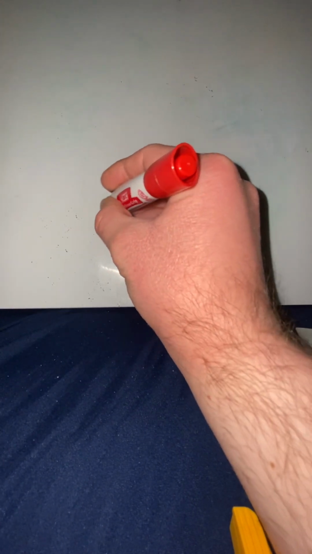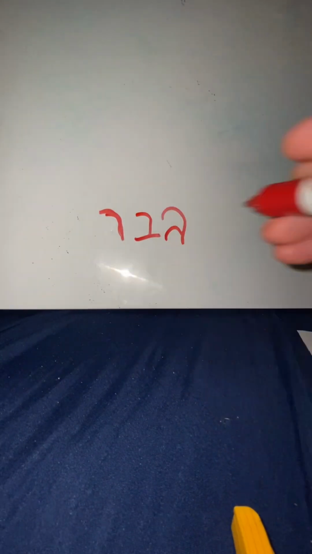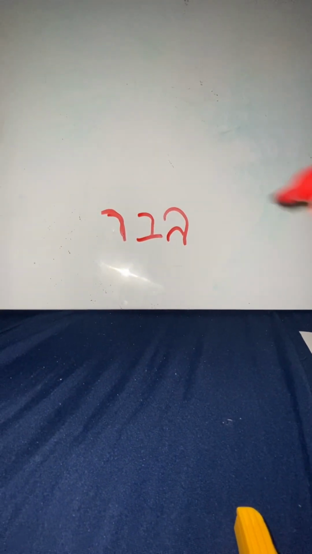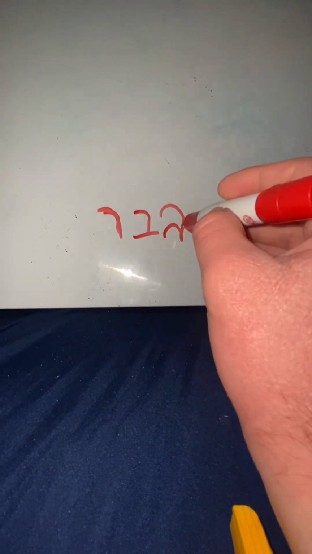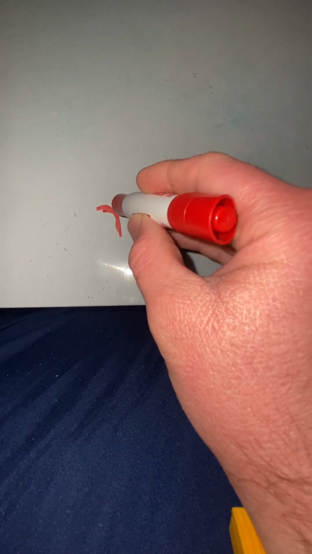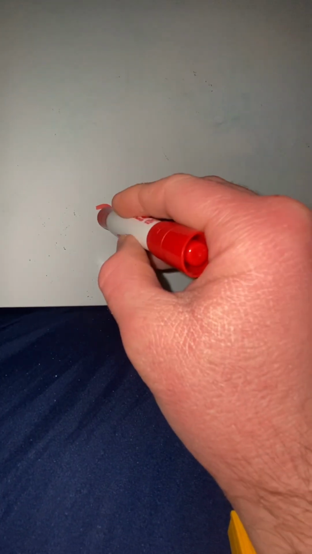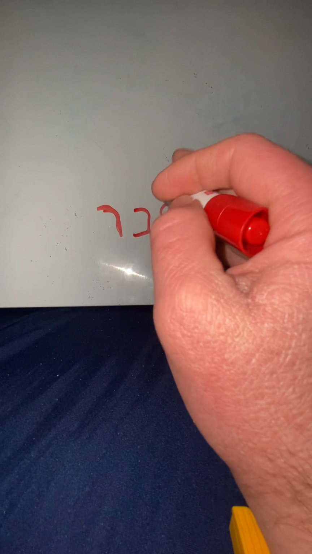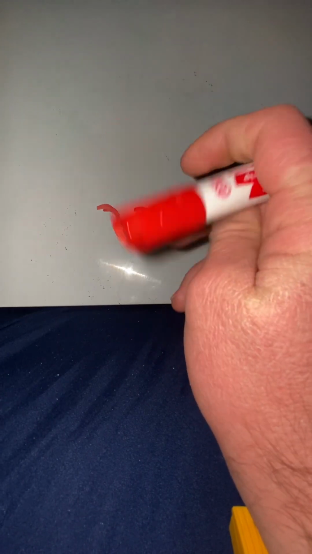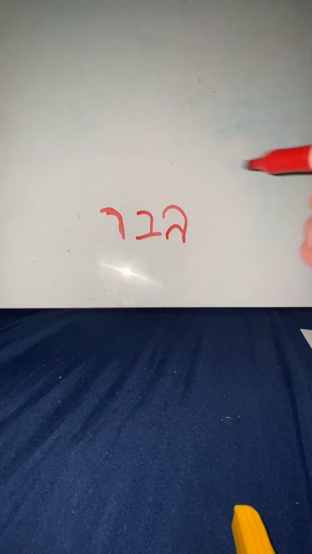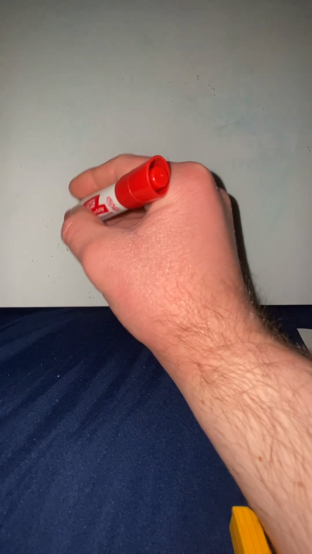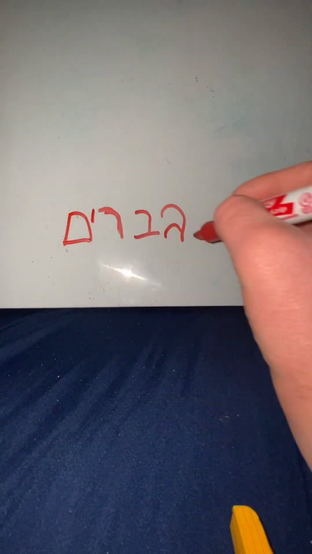Givel. Now, this is Reish. I really don't know how to pronounce the R again, but this is Gimel, Bet. Or no, Vet. I'm sorry, Reish. Givel. And if you wanted to say men, Givaim.